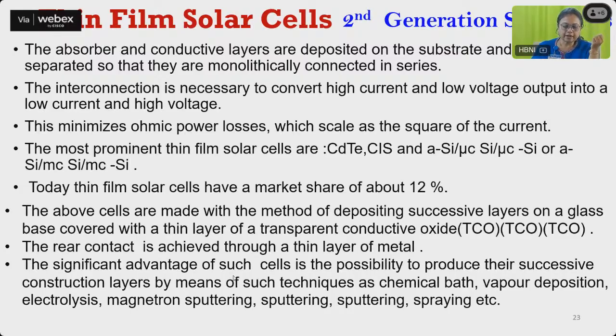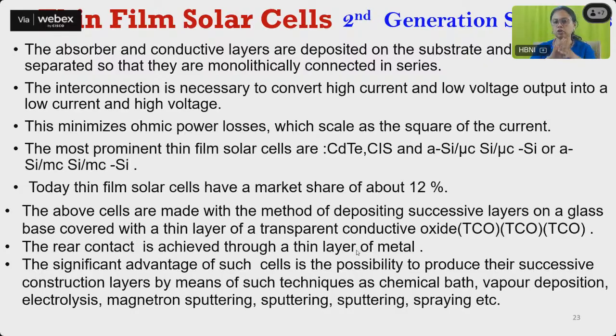The significant advantage of such cells is the possibility to produce their successive construction layers by means of techniques such as chemical bath, vapor deposition, electrolysis, magnetron sputtering, or spraying, etc. So that is what makes them very cheap.